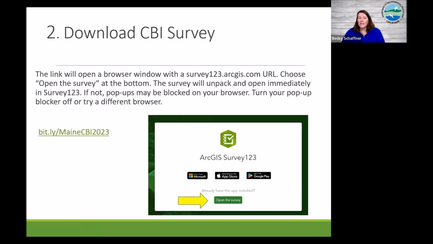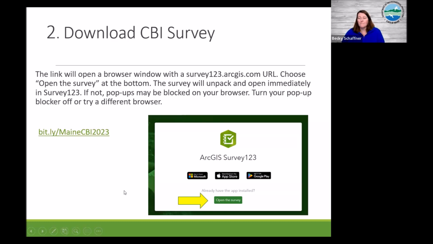Okay, so clicking that link will open a browser window that looks like this. And at the bottom, you'll see a green button that says open the survey. Click that and the CBI app should start downloading and being unpacked onto your computer. And it really shouldn't take longer than a few seconds, maybe 5-10 seconds.